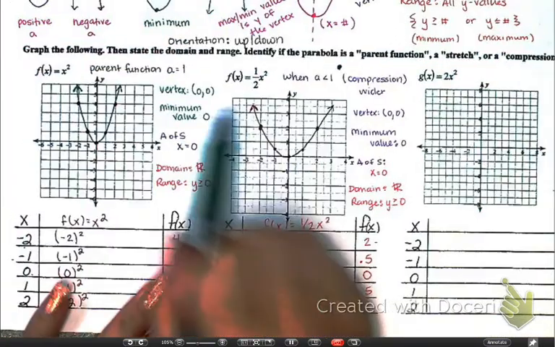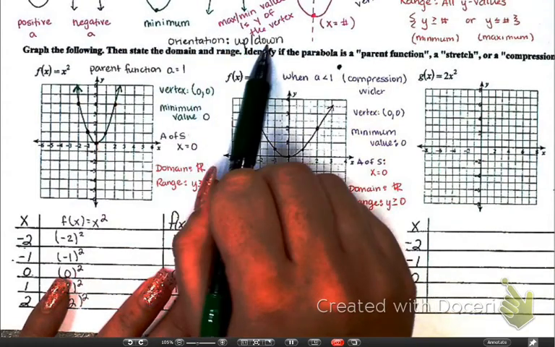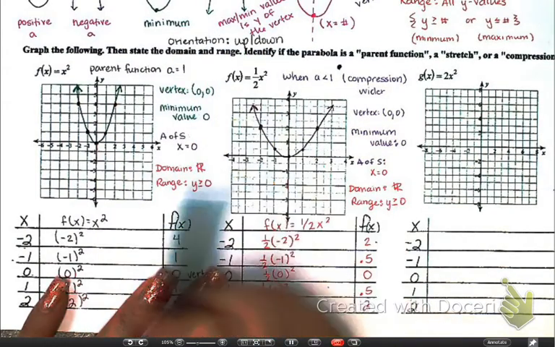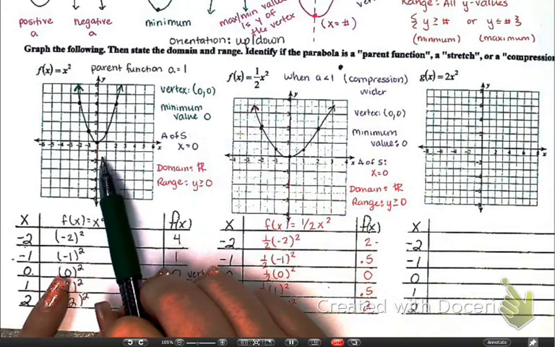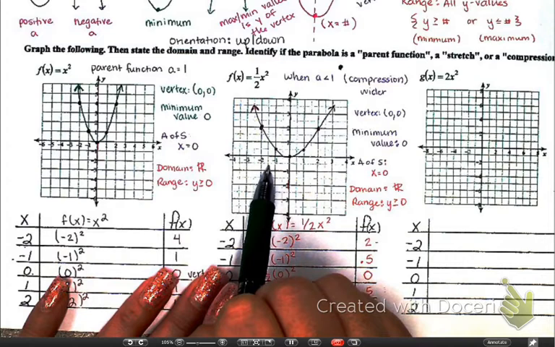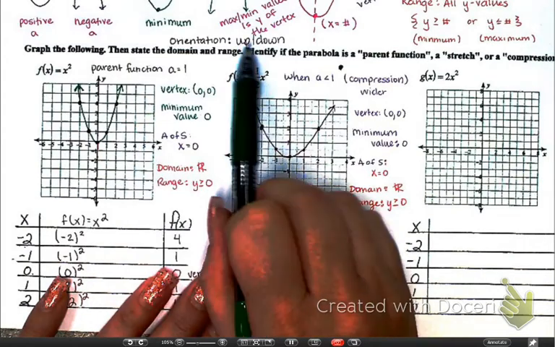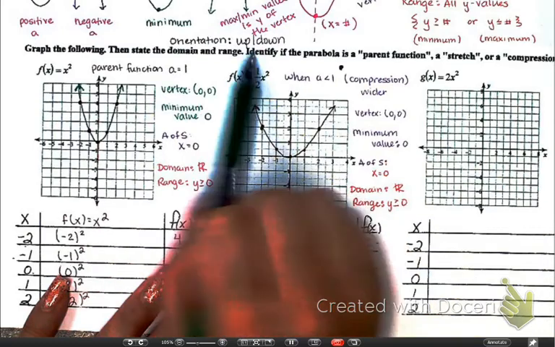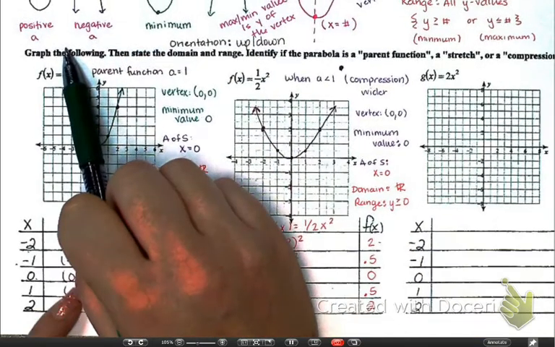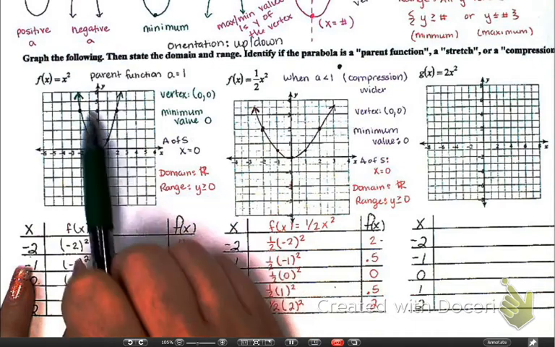Now, I mentioned orientation up here, going up or down. Both of these have an orientation that does what? Does it go up or down, your graph? It faces up, right? And what did I say that the up or down was related to? Positive and negative with the a value.